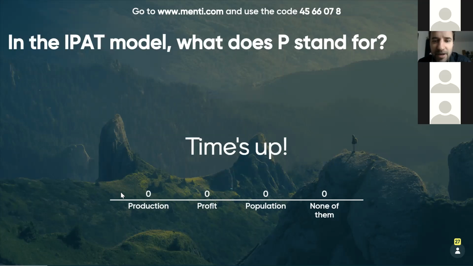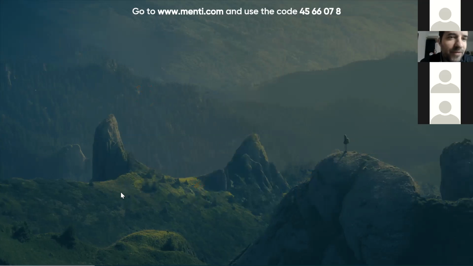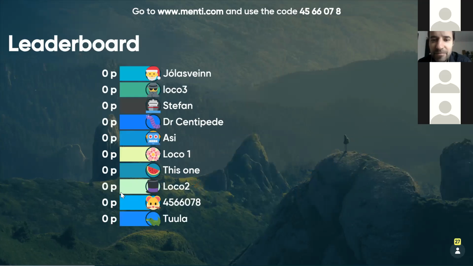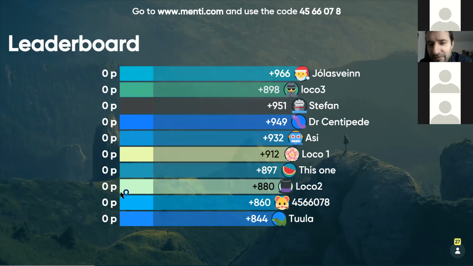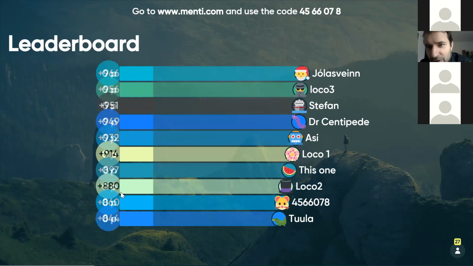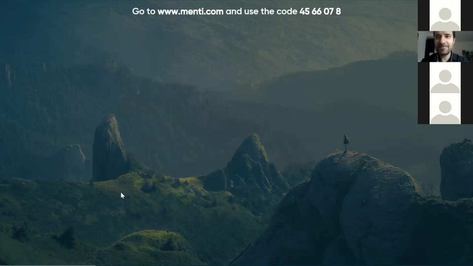Time is up, and of course, it's population. There are 3 factors that make the impact, and population was the correct answer. And we have Santa Claus, Yola Swain, first with 966 points. Was fastest before Loco 3. And then we can go on to the second question.